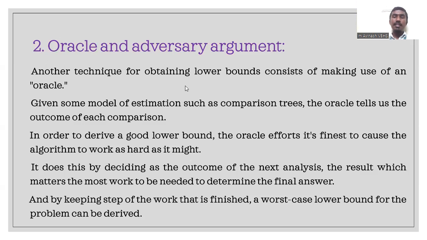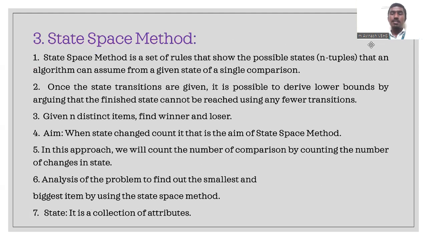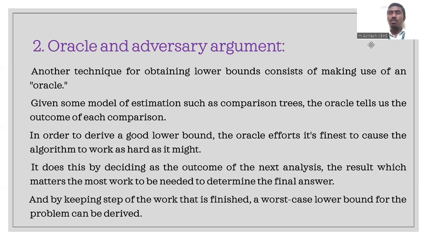Oracle and adversary argument. Another technique for obtaining lower bounds consists of making use of an oracle. Given some model of computation such as a comparison tree, the oracle tells us the outcome of each comparison. In order to derive a good lower bound, the oracle tries its best to cause the algorithm to work as hard as it can.